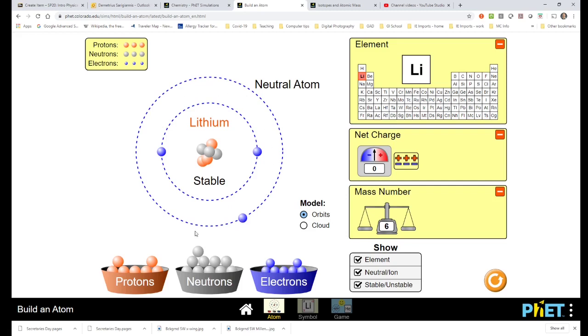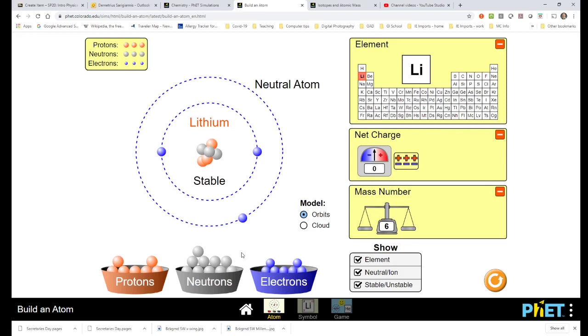Main energy level number 2 can hold up to 8 electrons. However, as I mentioned in the last video, the octet rule tells us that an atom wants to get to 8 electrons, and it wants to move the least number of electrons around in that reaction.